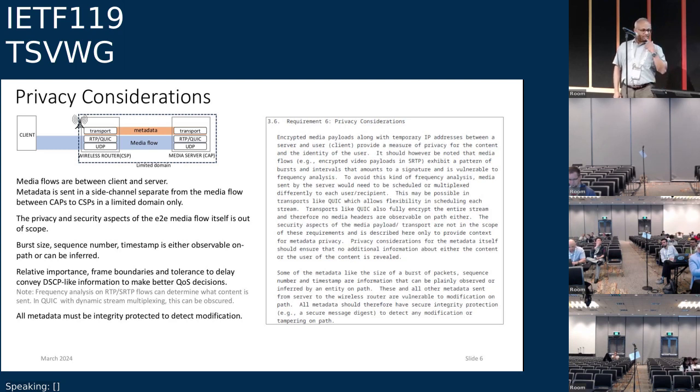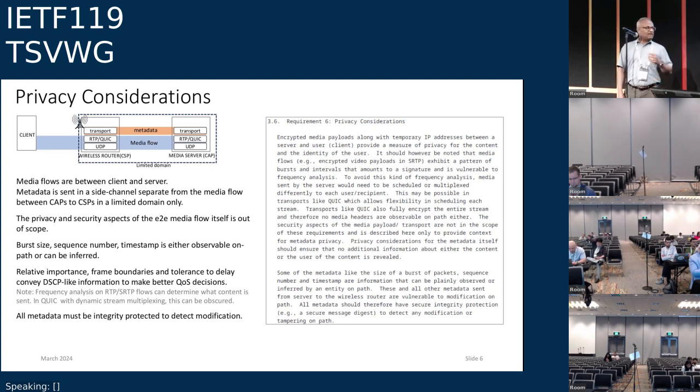Many of these fields are more like an enhanced DSCP, and we need to do a full security analysis to see how much can be sent. I don't believe it's just about encrypting the channel. It's also about what will be revealed to the wireless router or anybody on path. So we have to work on this a bit, and I would appreciate any help on that.